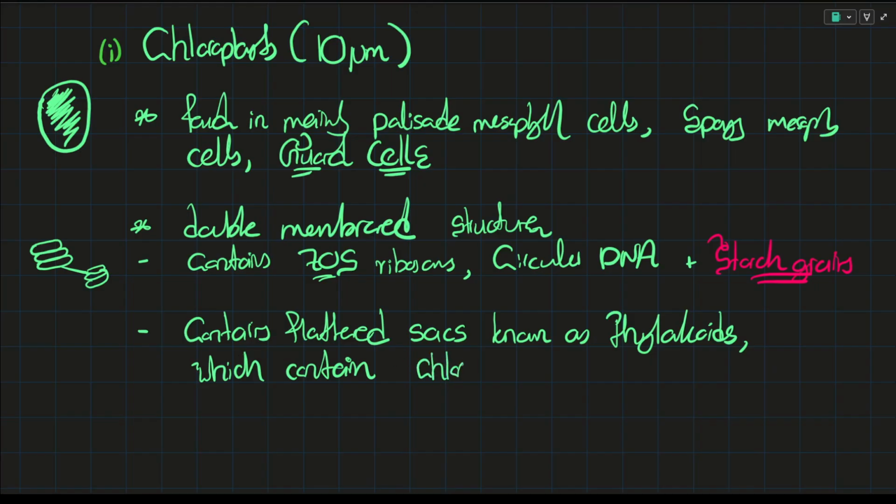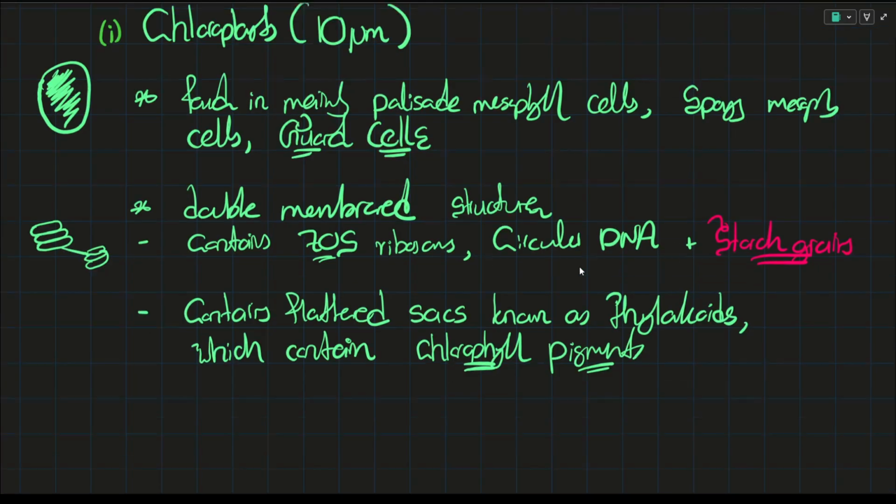This is where we have what we need. We want the chlorophyll pigment. Actually, even inside a chloroplast, only on the thylakoids will we find our chlorophyll pigment.